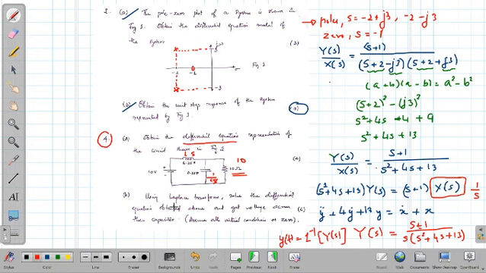Then the B part is: using Laplace transform, solve the differential equation obtained above, and get the voltage across the capacitor. Assume all initial conditions are 0.